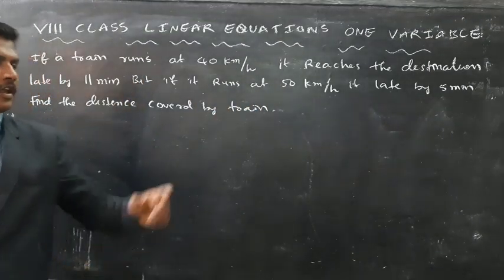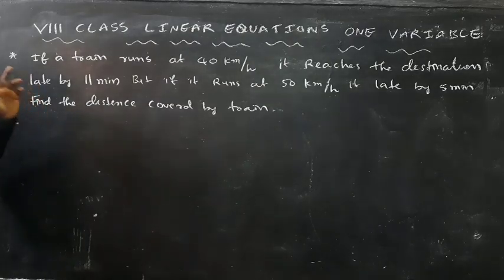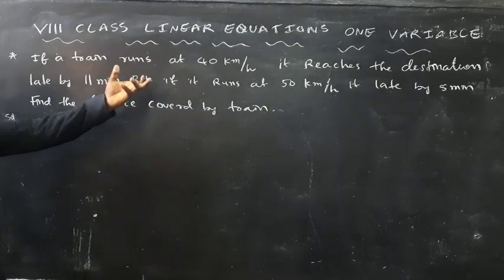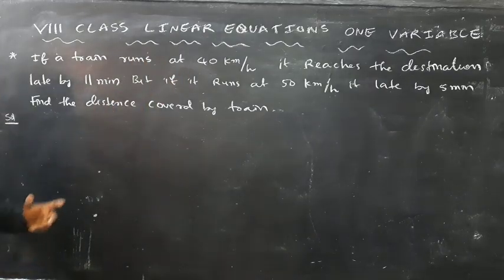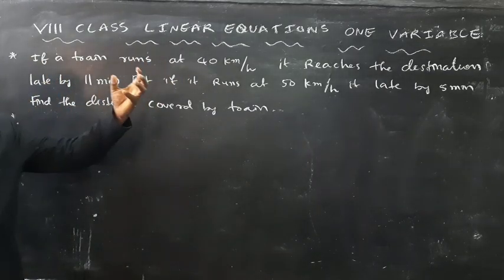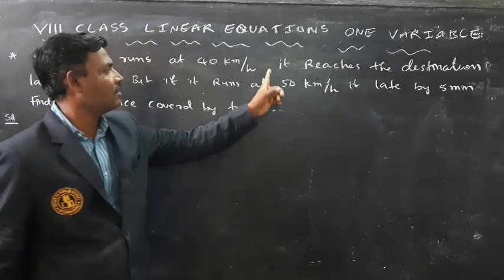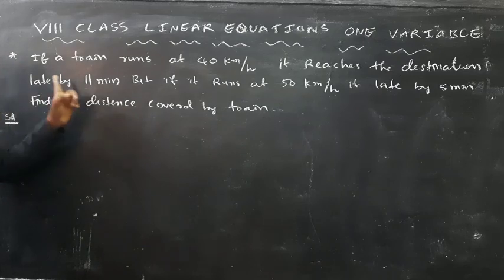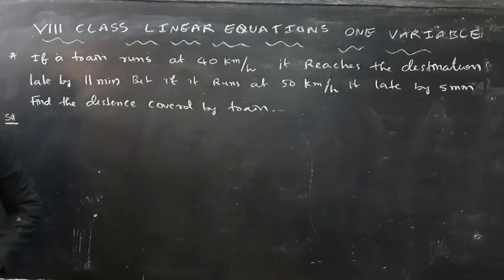So students, here is another question from the chapter. If a train runs at 40 kilometers per hour, it reaches the destination 11 minutes late.